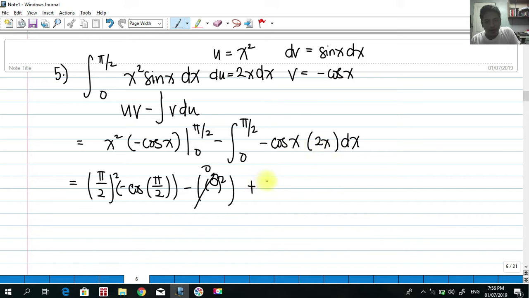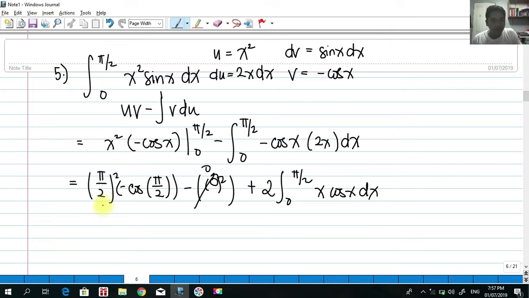So we have plus 2 times the integral from 0 to pi over 2. We should write first x cosine of x, because we leave an x here. So x cosine of x dx. How do we evaluate this?